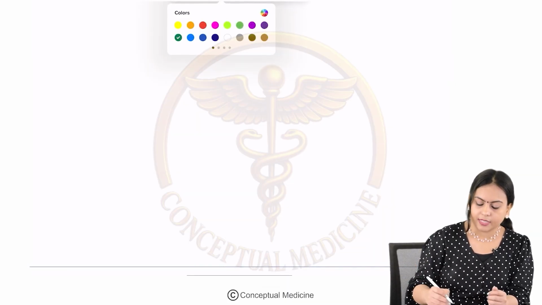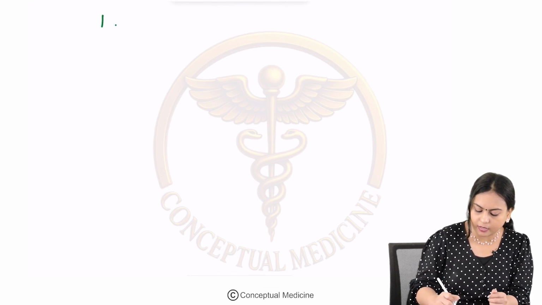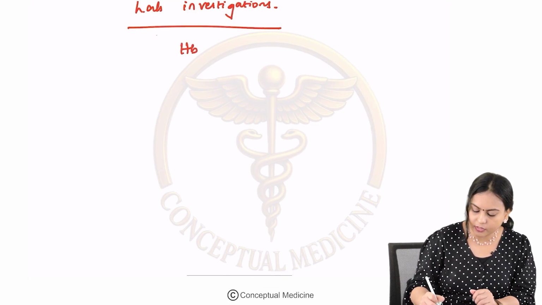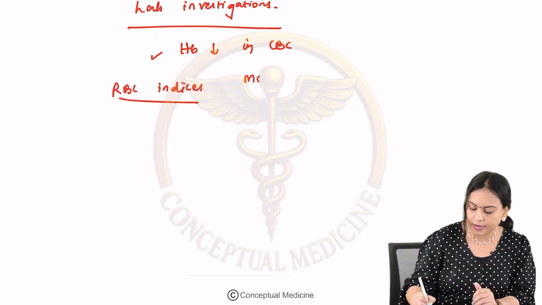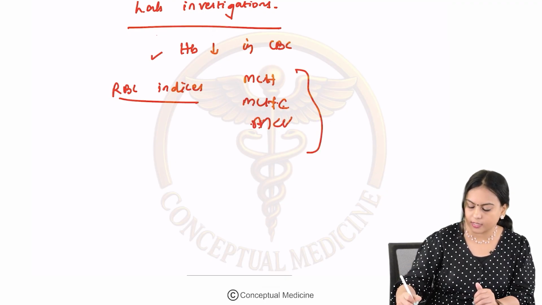Now, what lab investigations will we do and what interpretation will we make? So, there is anemia. Hemoglobin levels are going to be reduced in your CBC, and if you take the RBC indices, all the indices are going to be reduced. So, your MCH, MCHC, and even your MCV, all these things are reduced.